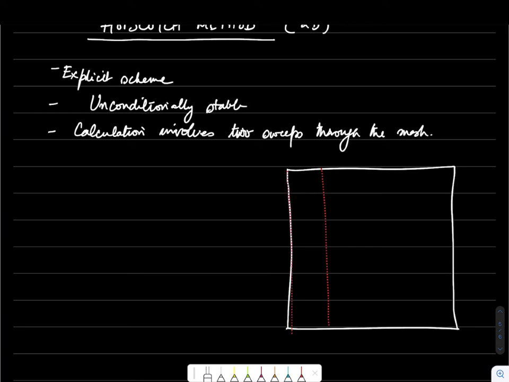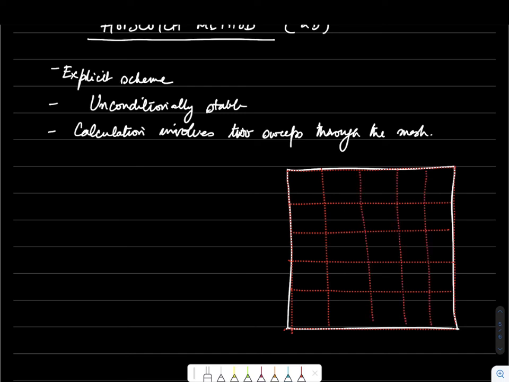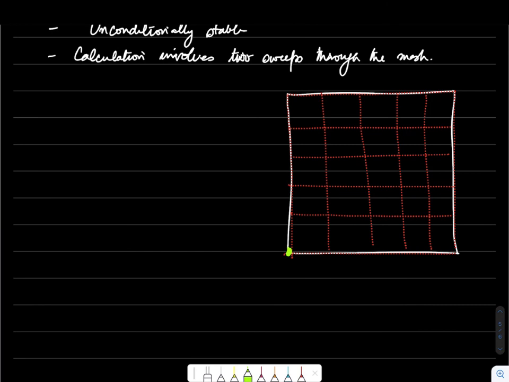And the boundary lines will also be included. Say this is the domain that we are going to work with. The intersection of the grid lines, which are dotted lines, are the grid points. Let me label the grid points in a certain way. Okay, so let me say the numbering is from here.